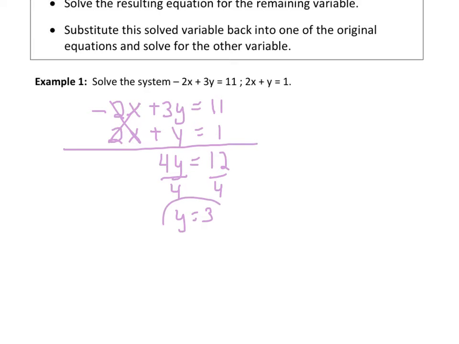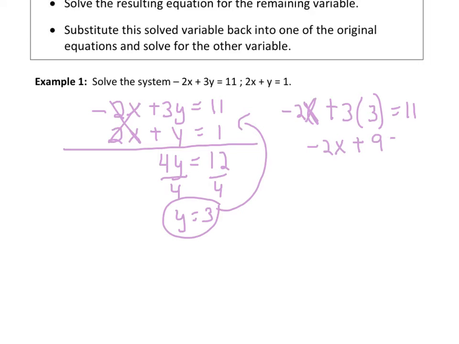Then I take the 3 and I can substitute it back into either of these equations to solve for x. So let's do that. I'll just do the first one: negative 2 times x, plus 3 times 3, since y is 3. Does that equal 11? So then I have negative 2x plus 9 is equal to 11.